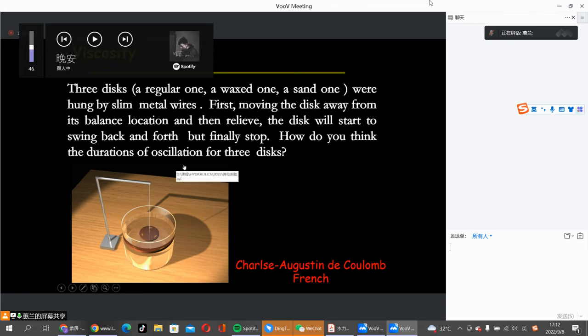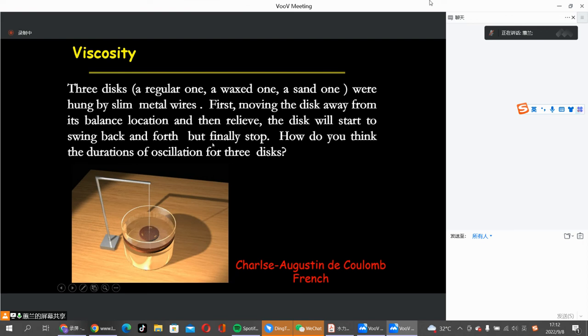There are three discs: a regular one, a wax one, and a sand one. They were hung by slim metal wires, and except for the surface, everything is the same. For the regular one we don't do anything to the surface, but the other one we just waxed. Why did we wax the surface?